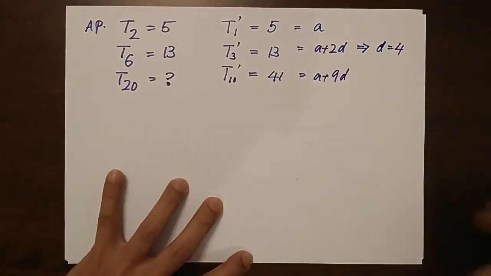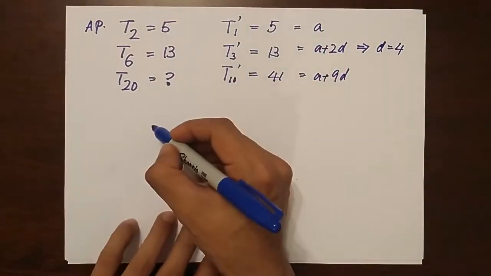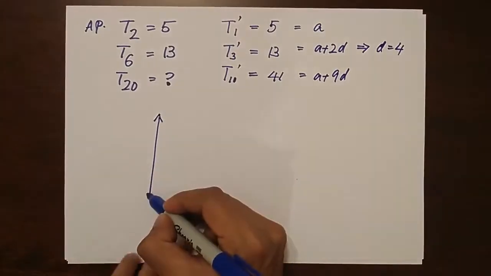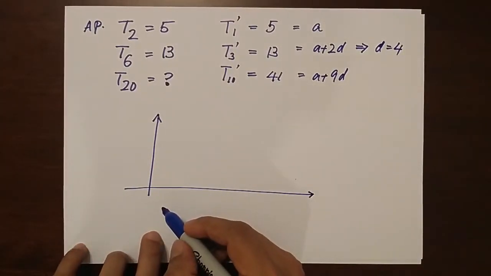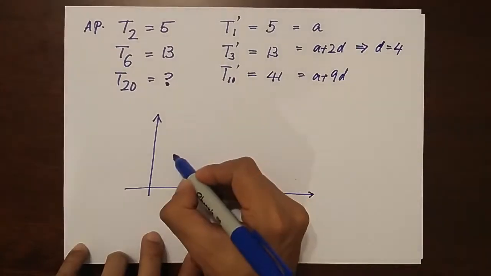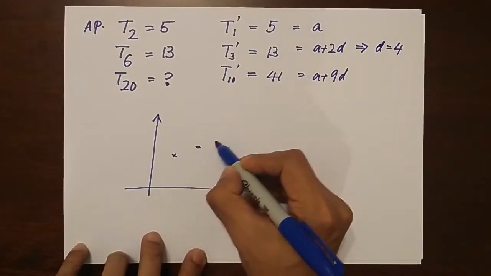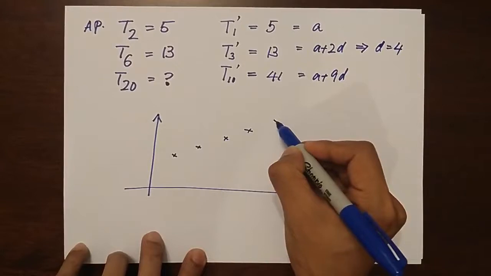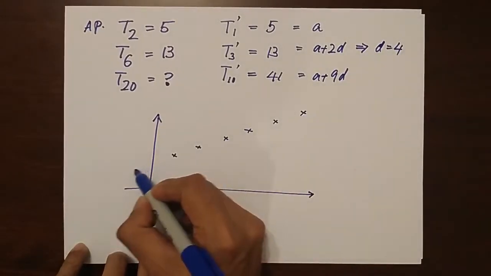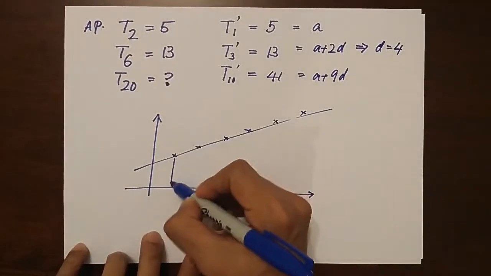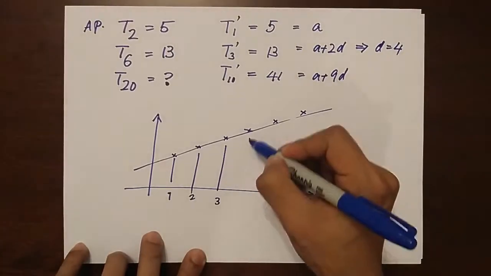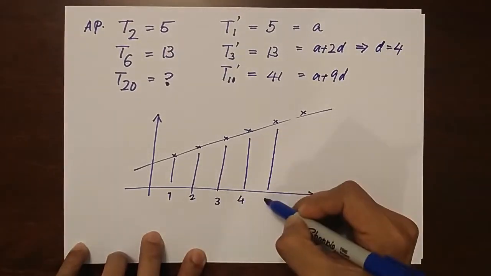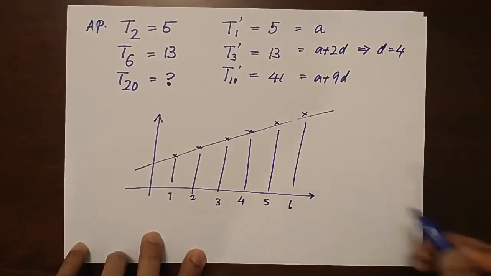Pretty simple. Now, why does this work? That's pretty easy. If you remember from our first video, you could always express your arithmetic progression as a straight line: first term, second term, third term, fourth term, fifth term, and so on.